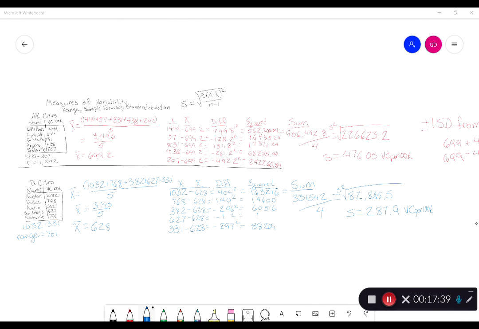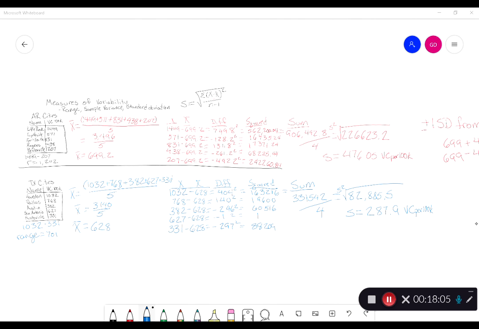So if we took the Texas cities and compared to the Arkansas cities, the Texas cities that I chose by convenience are closer to the average violent crime rate for Texas cities than in Arkansas itself. We see the 287 compared to about the 476. There's greater variation in the Arkansas cities than in the Texas cities.